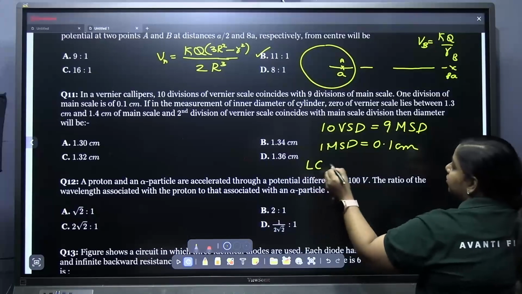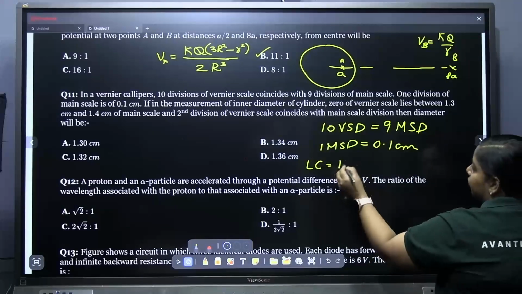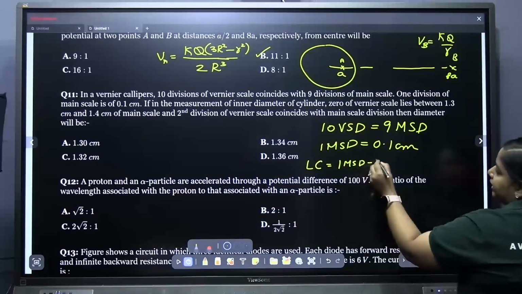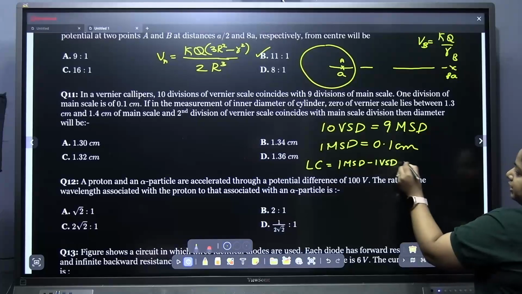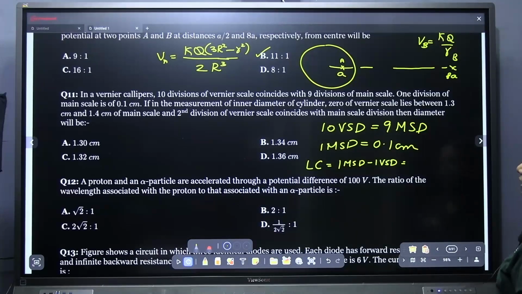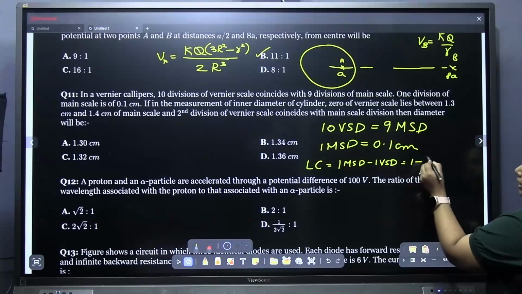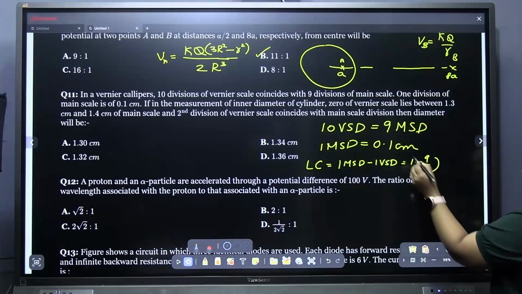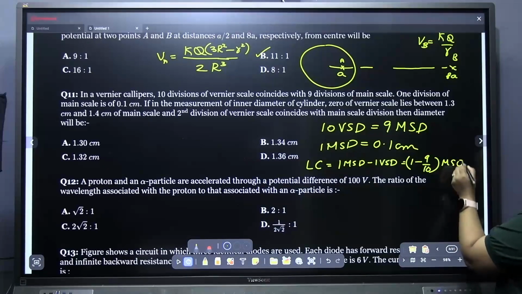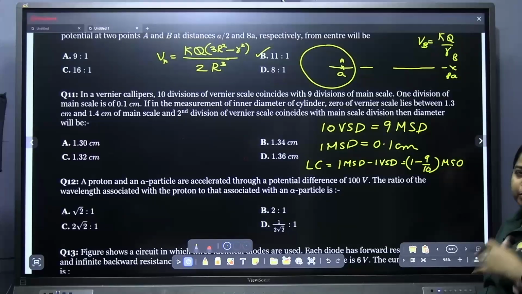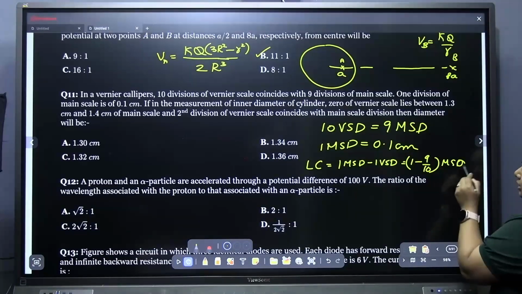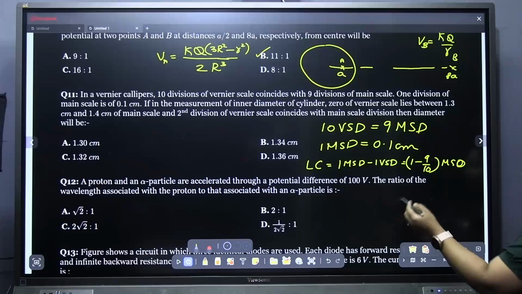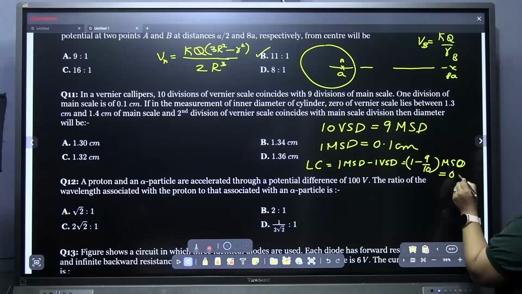So least count is equal to 1 MSD minus 1 VSD. This you can write as 1 minus 9 by 10 MSD. 1 minus 9 by 10 is 1 by 10. MSD is 0.1. So least count will be what?